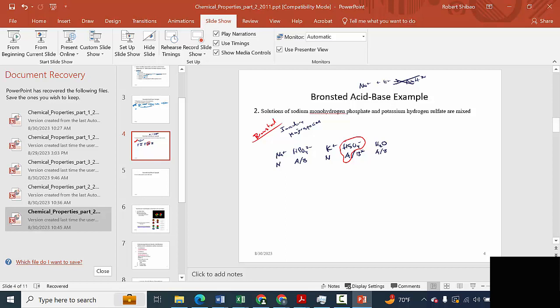All right, so take a look at the chart and see which is a better base, water or monohydrogen phosphate.